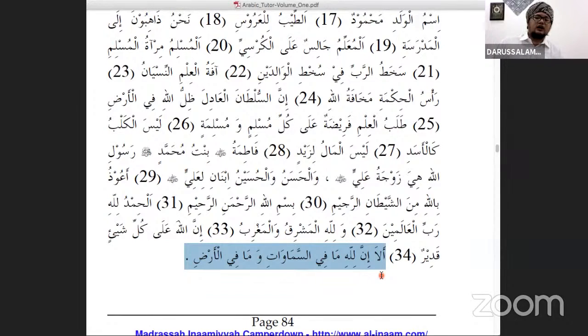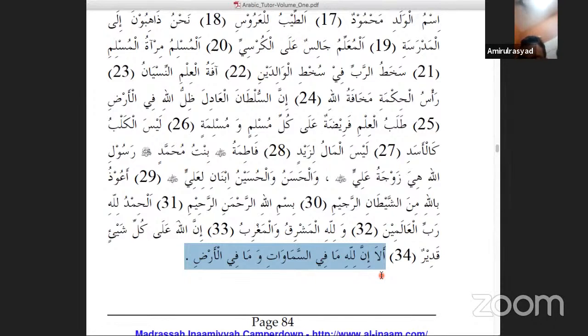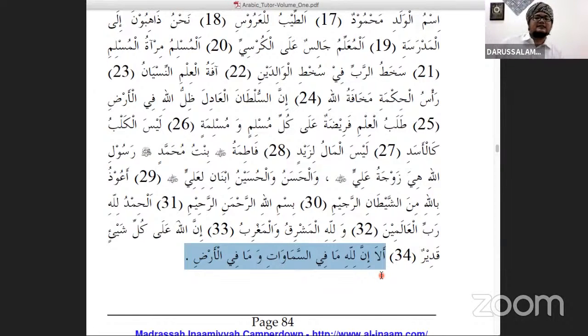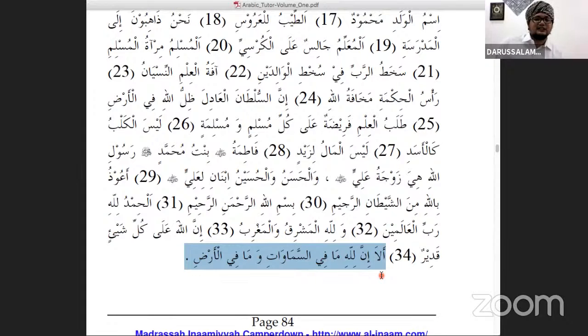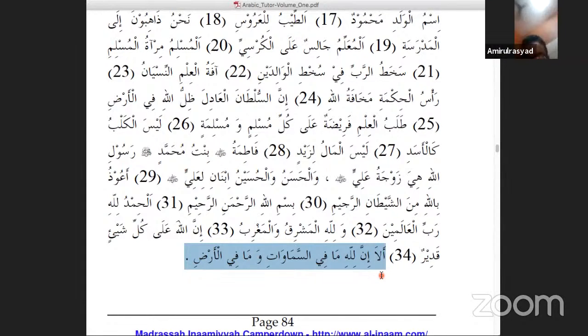Verily, to Allah is whatever fis samawati, in the skies or in the heavens, with the S. Wama fil ardi.